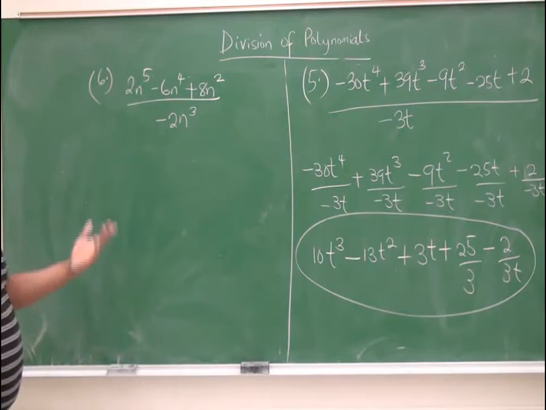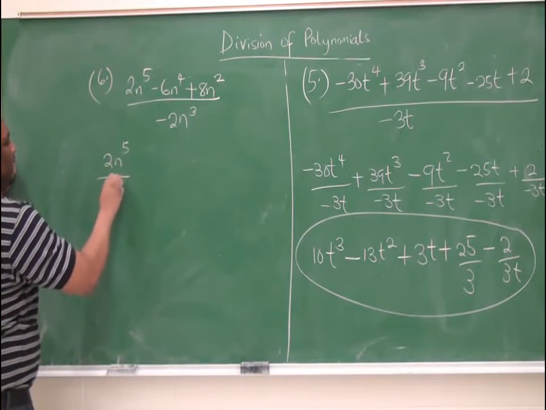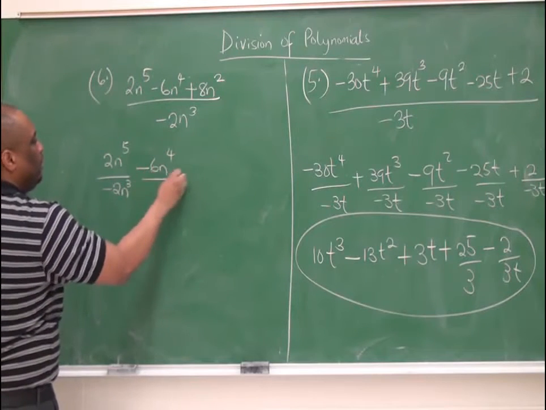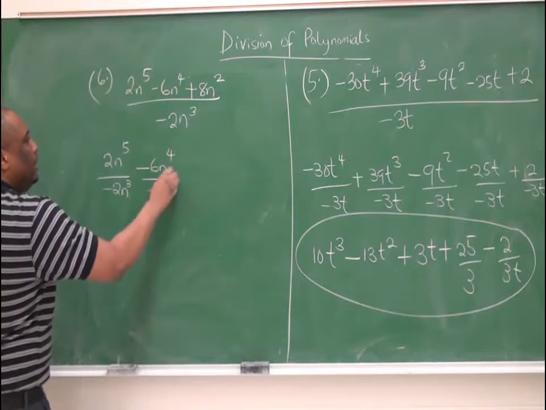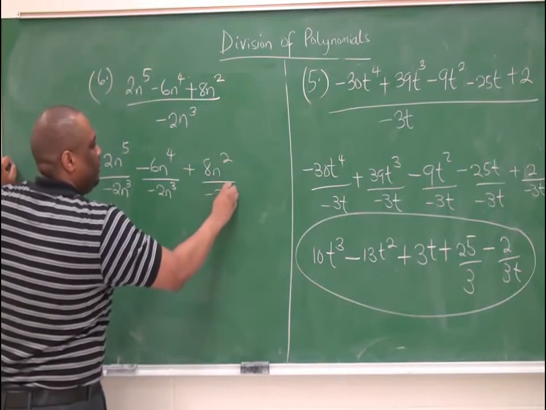So we do it the same way we've been doing it. This is 2n raised to power 5 divided by negative 2n cubed, minus 6n^4 all over negative 2n cubed, plus 8n squared all over negative 2n cubed.